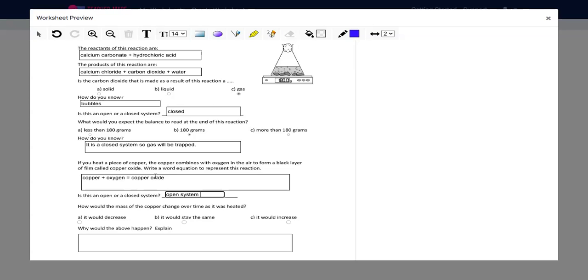So what I would expect to happen, as odd as this sounds, is I would expect the mass of the copper to increase. I would expect the system to gain mass.